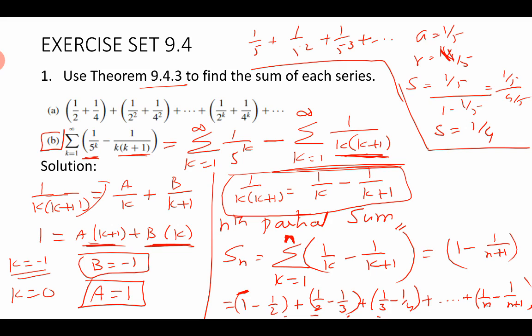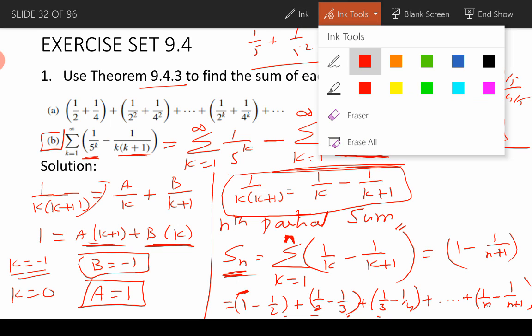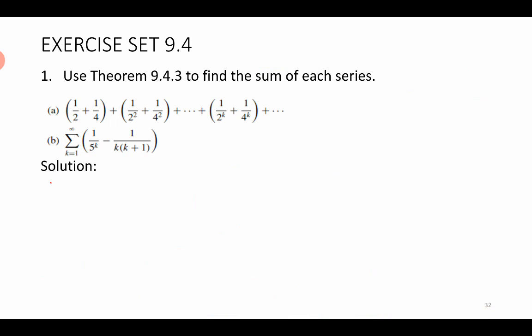So this is Sn. Now we have to find the limit. The first series converges to 1 by 4. The second series can be found by using the limit of this term. Sn is equal to 1 minus 1 by n plus 1.